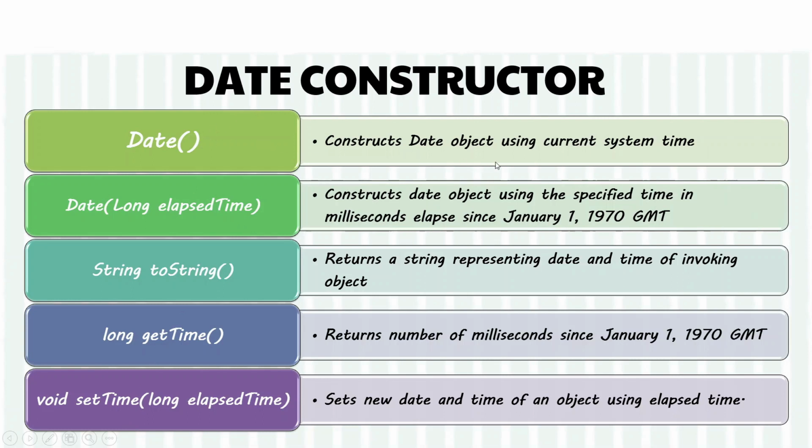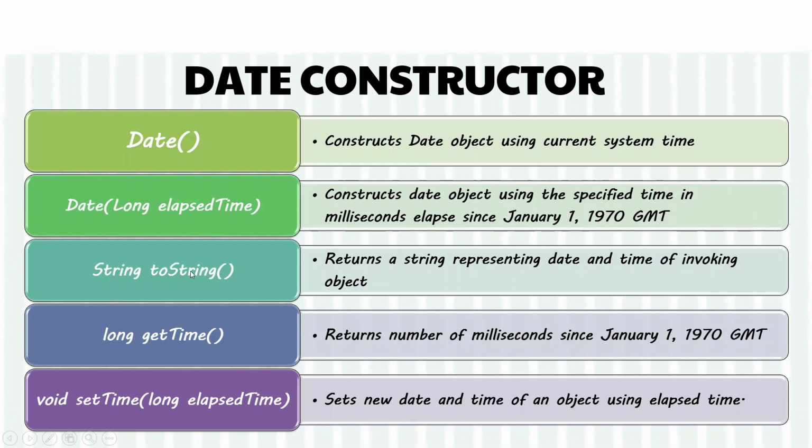Constructor. This constructor without arguments is used to create a Date object using the current system time. And then we have the constructor to create an object with the specified time in milliseconds elapsed since January 1st, 1970 GMT. Then we have String toString.